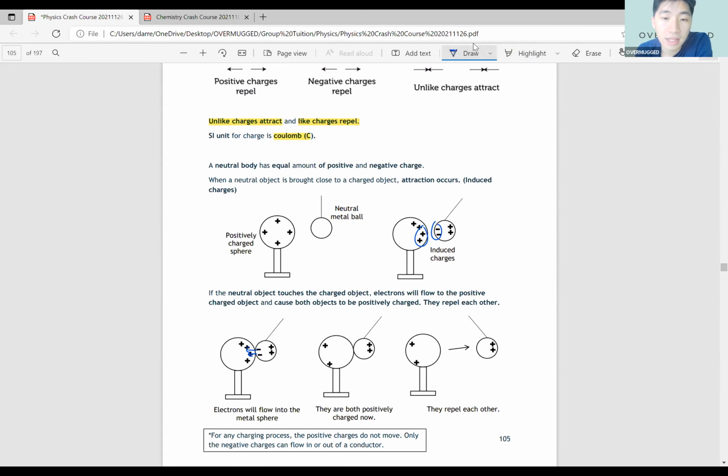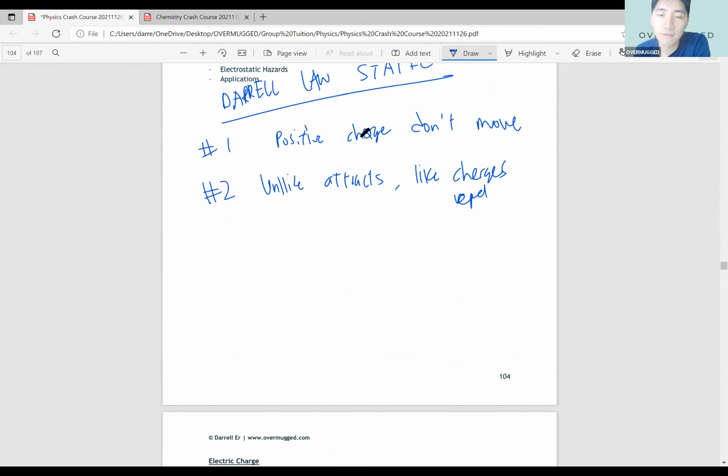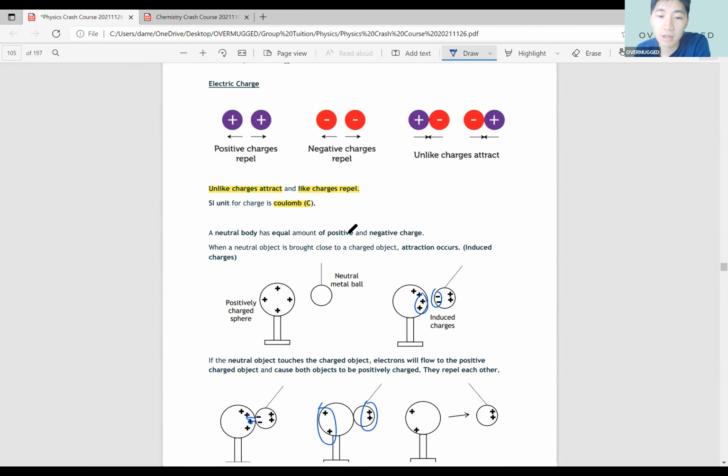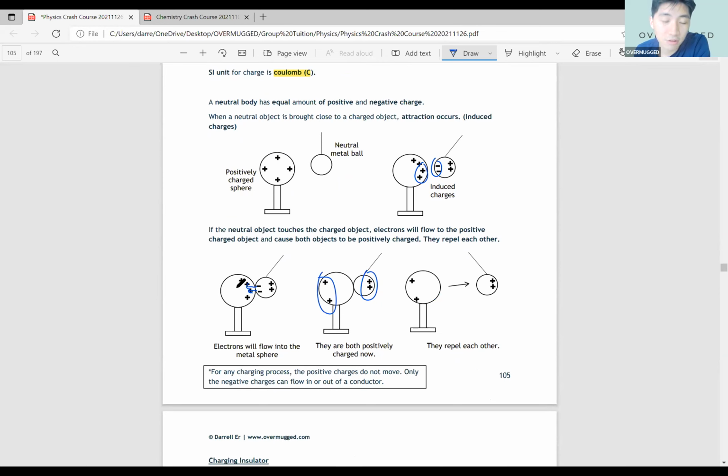Then, when the negative charge moved in, there is now positive charge on the big one and positive charge on the small one. Then what happens? Like charges repel, so they repel each other. So the logic of this chapter can be governed by these 2 laws: the positive charge doesn't move, the electron moves from the left side to the right side, and the moment they both have similar charges, they repel. That's all you need to know.